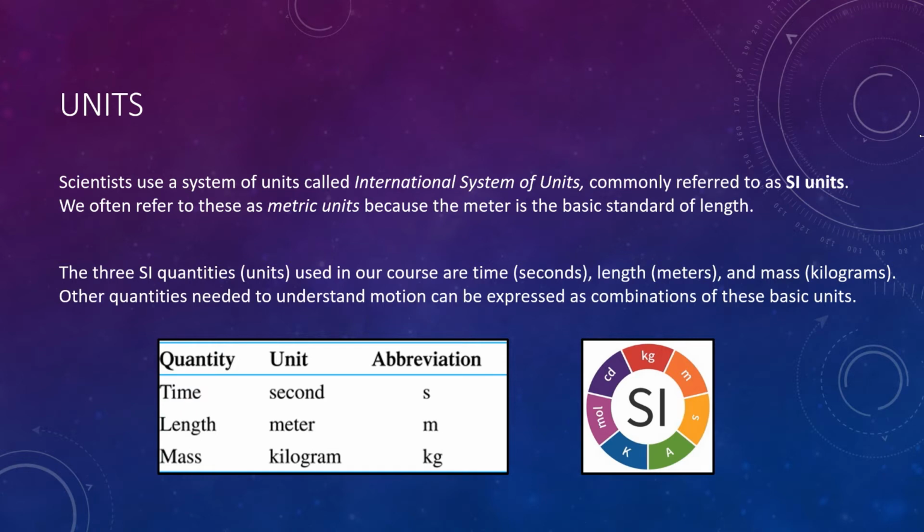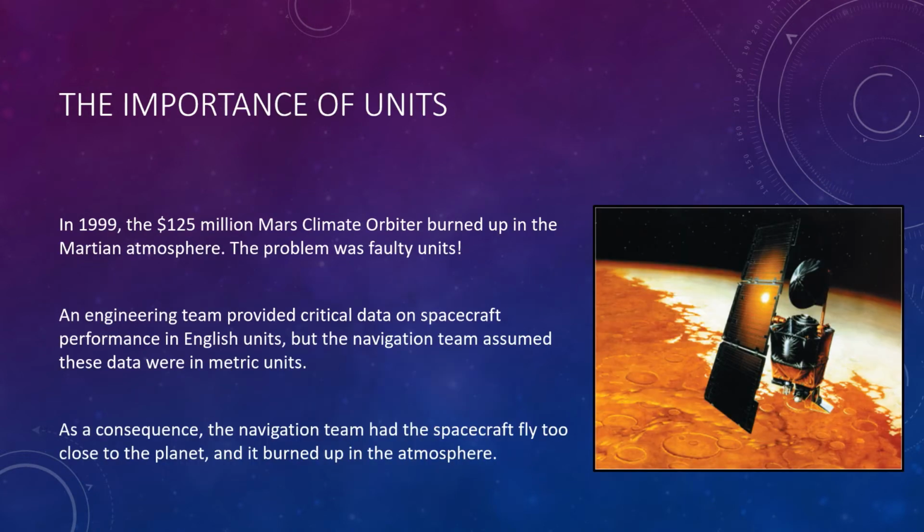So before we jump into things, let's ask ourselves, well, why do units matter? Why does it really matter other than my deli example? Well, here's a very good example of why it matters. In 1999, the $125 million Mars Climate Orbiter burned up in the Martian atmosphere instead of entering a safe orbit from which it could be performing its observations.